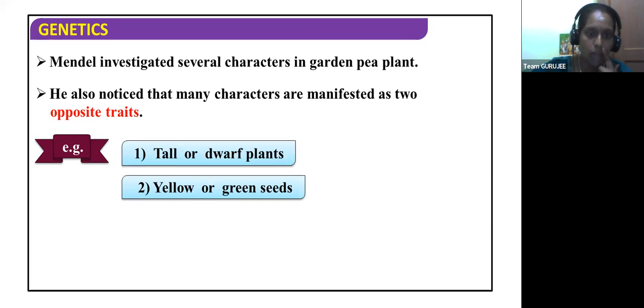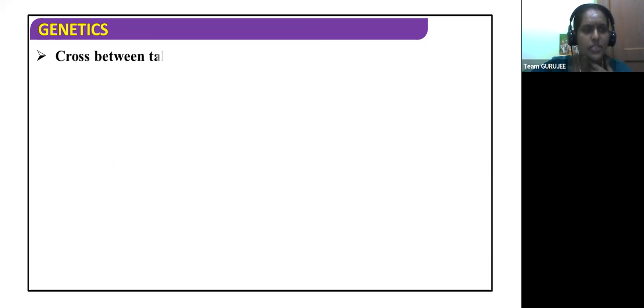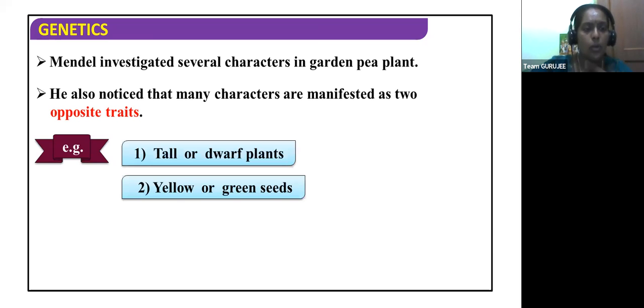So the tall and dwarf plant, yellow and green seeds, etc. These were called opposite traits. He noticed 7 different opposite traits in these plants. We will be talking about those 7 different traits. The tall and the dwarf plants, that is the tall and the short plant, yellow and green seeds, are a few examples of this.